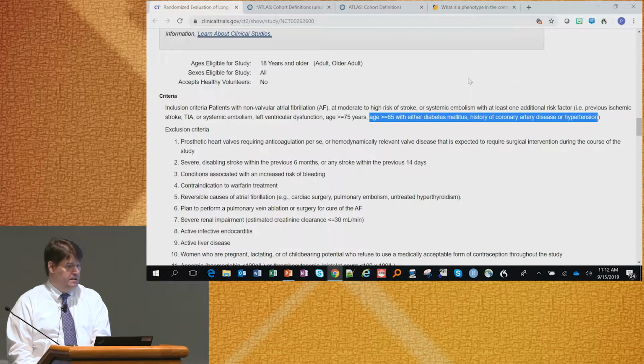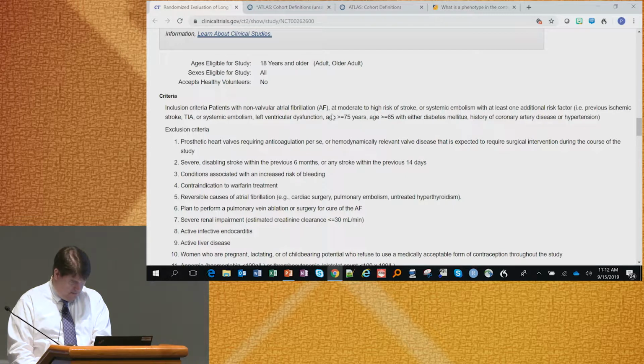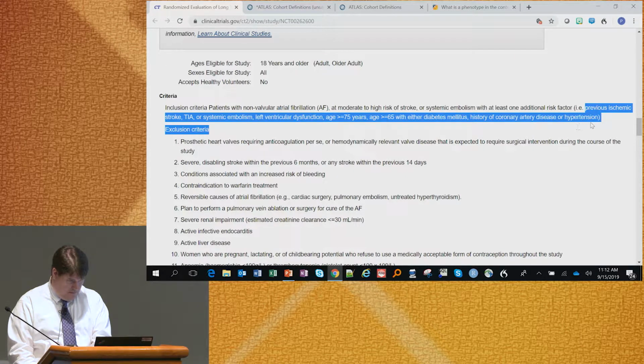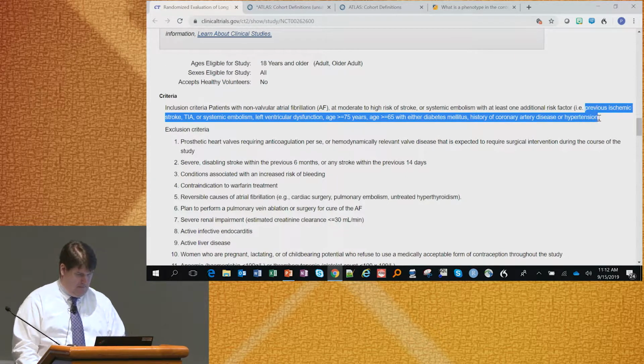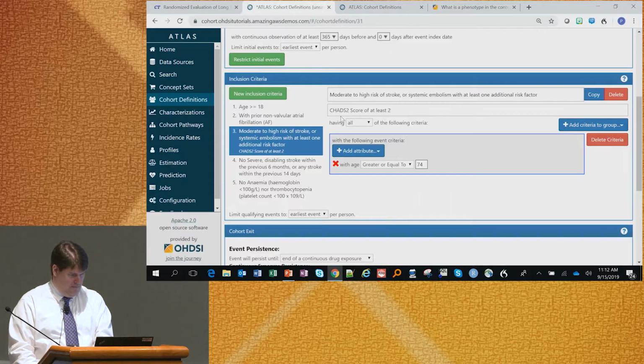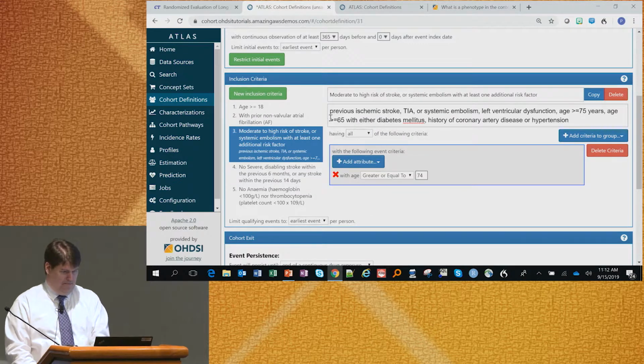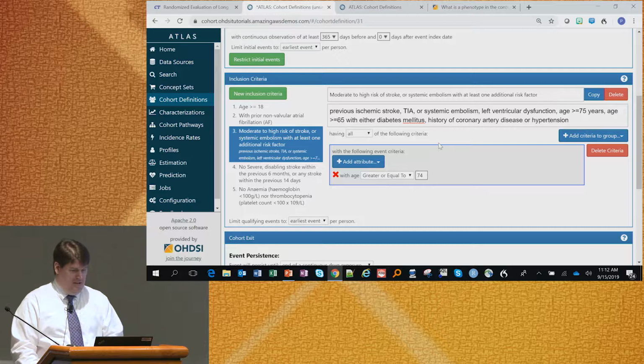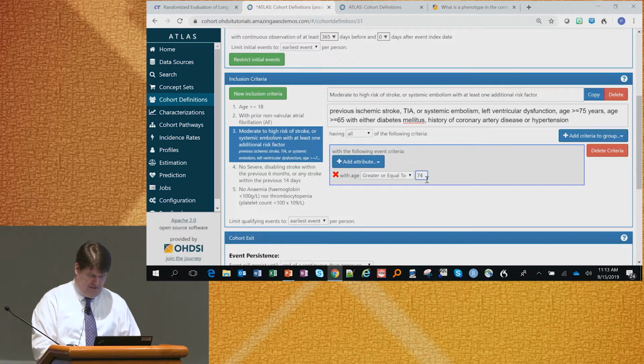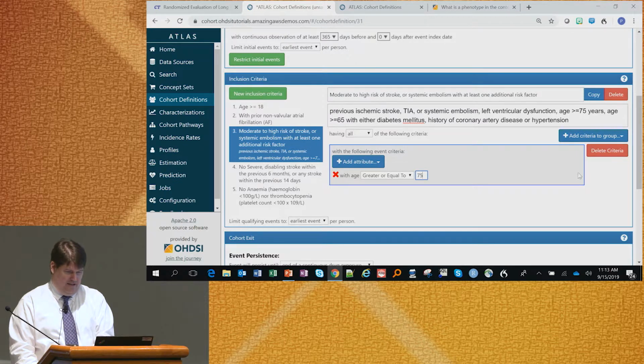Why don't you grab that text and paste it where you typed the word CHAD so they can see it? Sure thing. All right, so it's actually saying greater than or equal to 75. Oh, good thing I read that. All right, so the next thing we'll do is look for the ischemic stroke.